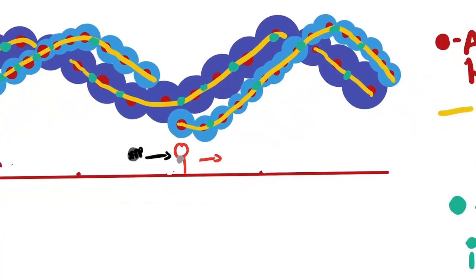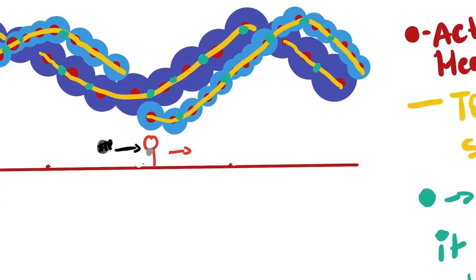And in that process, it hydrolyzes to the phosphate and the ADP. It generates this energy, and it puts the myosin head in what the professor called a cocked position. So this is going to move the myosin head back.